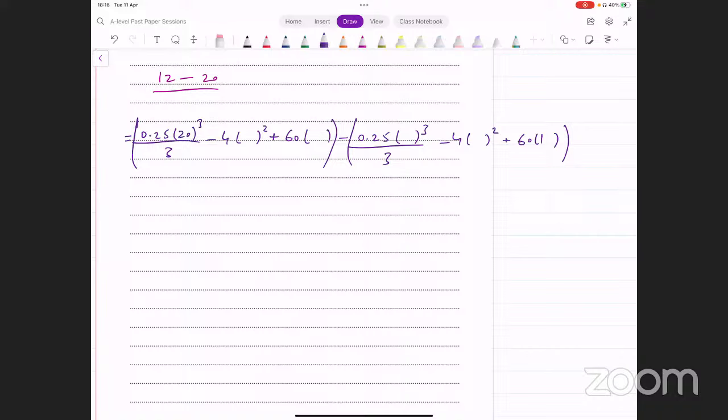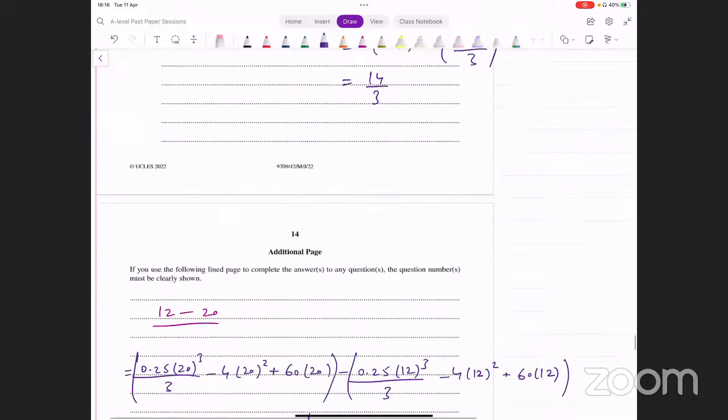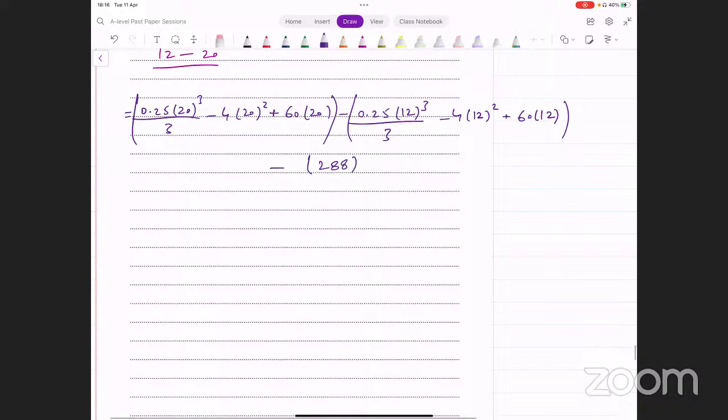So we have 20 here, 20 here, 20 here. We have 12, 12 and 12. ठीक है. सेकेंड ब्रैकेट का रिजल्ट तो आपको ऑलरेडी पता है, आपने ऊपर निकाला है. दिस वाज 288.